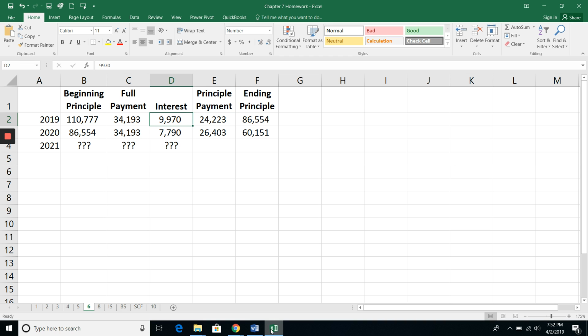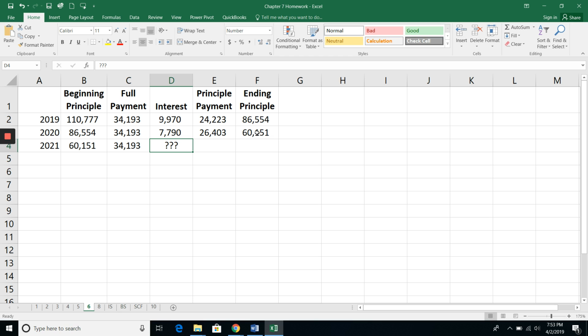So what's happening here is if we walk through this amortization schedule for the year 2021, our beginning principal is going to be what we ended 2020 with. And our full payment's going to remain the same, 34,193.